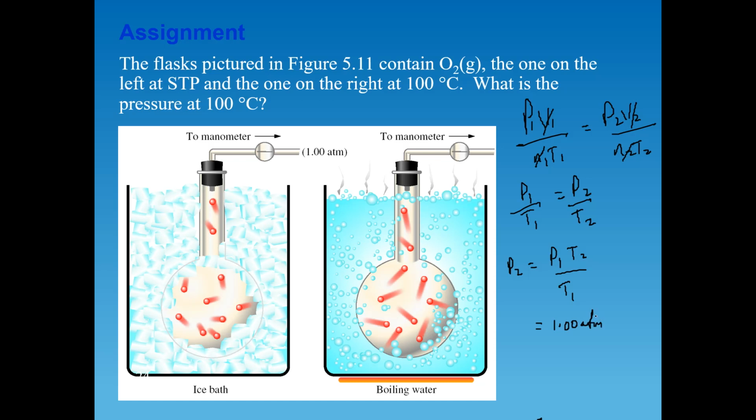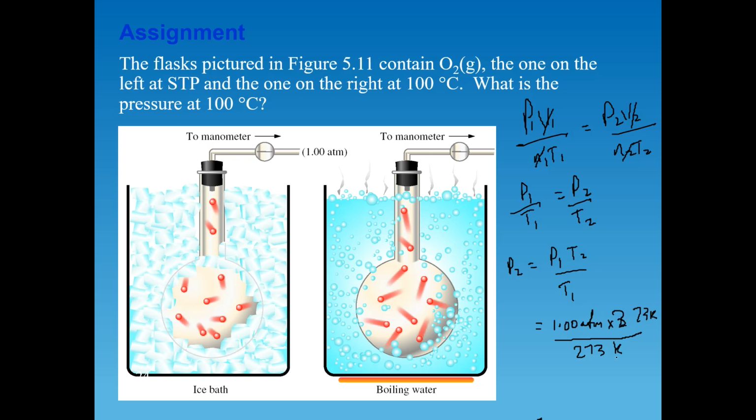T2 is 100 degrees Celsius, which would be 373 Kelvin. And T1 would be 0 degrees Celsius, which would be 273 Kelvin. And then we do the calculation here. So 1 times 373 divided by 273.